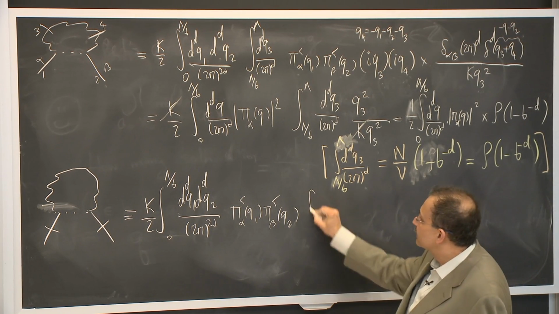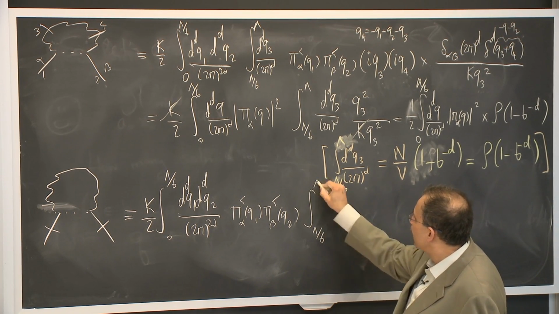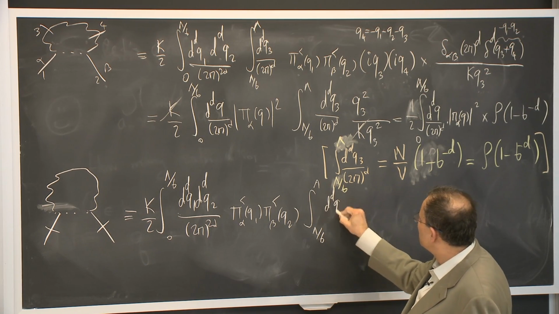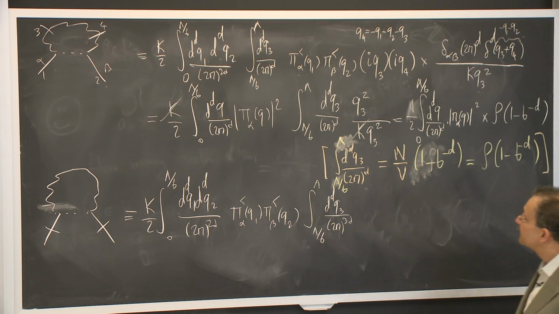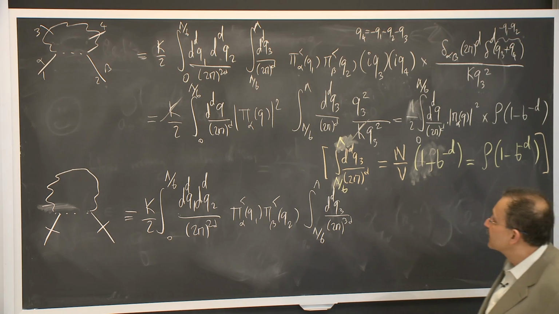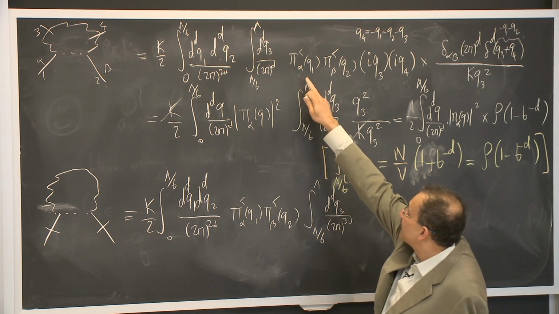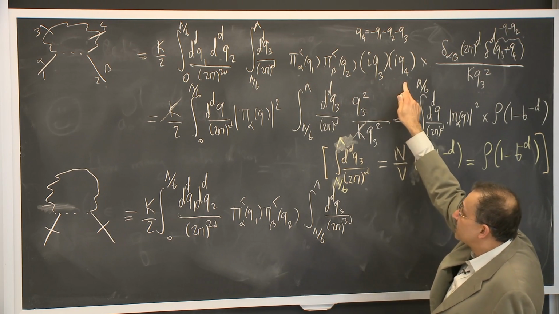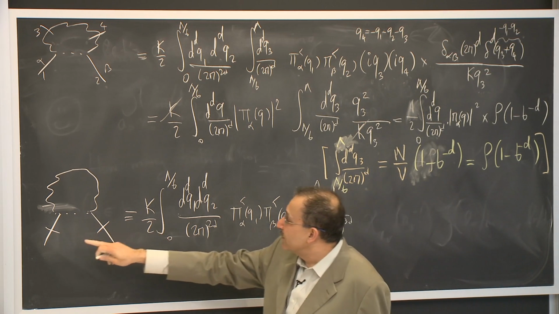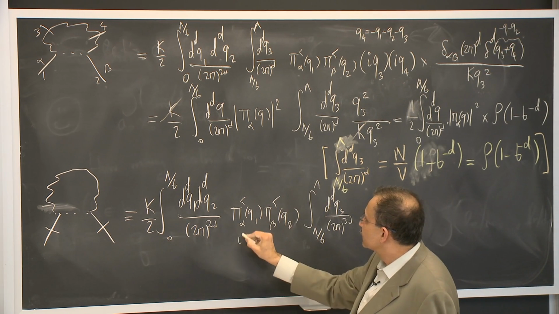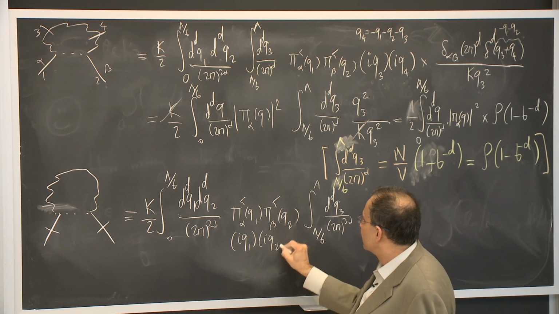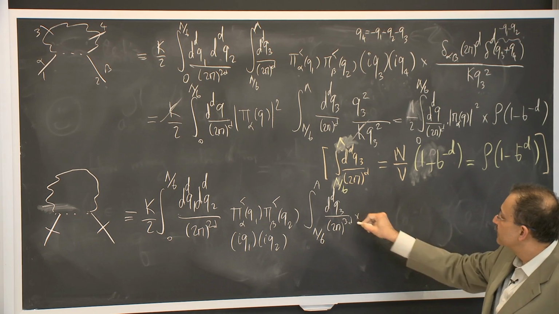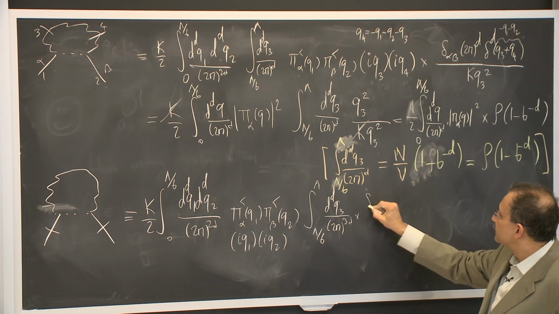I have the integral from lambda over b to lambda, Vd of q3, 2 pi to the 3d. And I will have the same delta function structure, except that now these factors of iq become iq1 times iq2. So I can put them outside already. And then I have here the delta function.